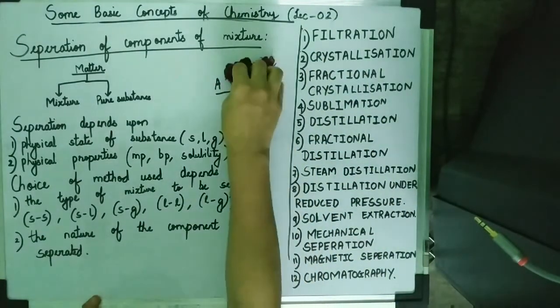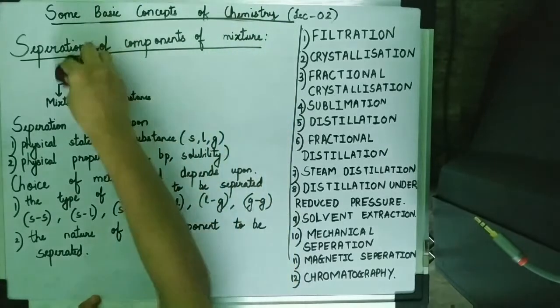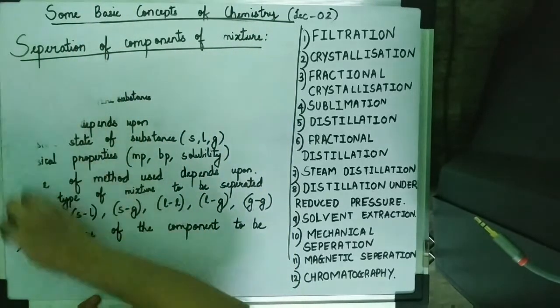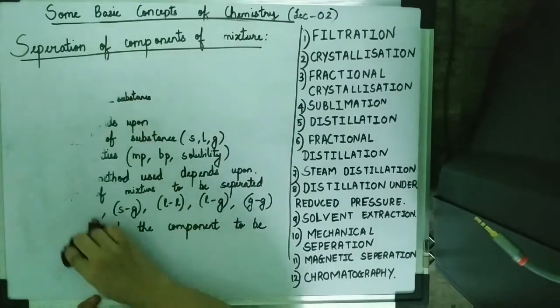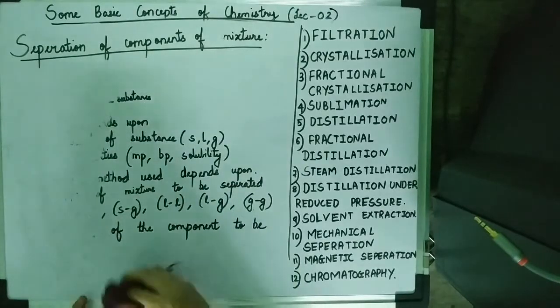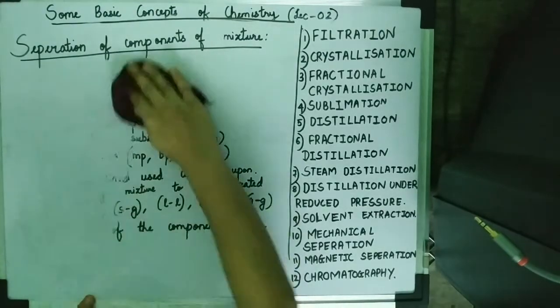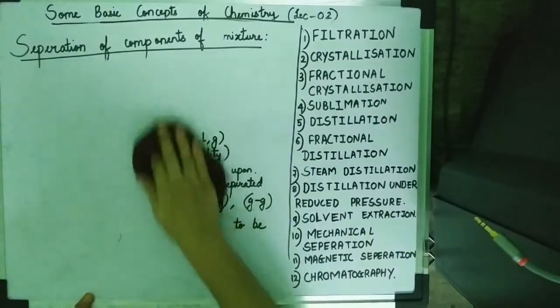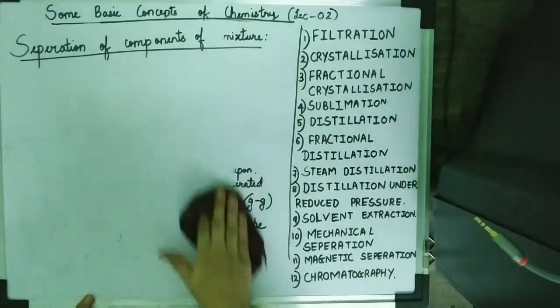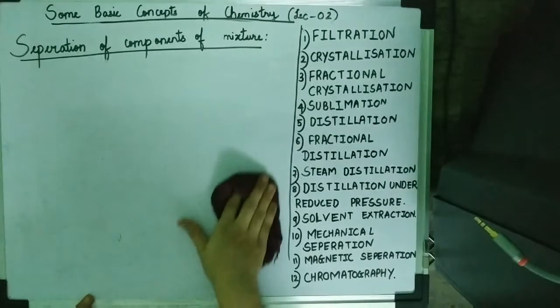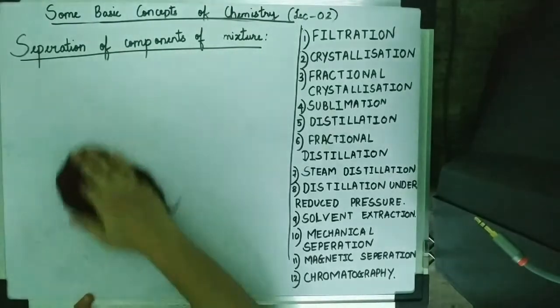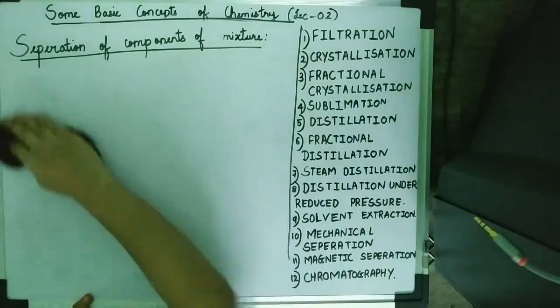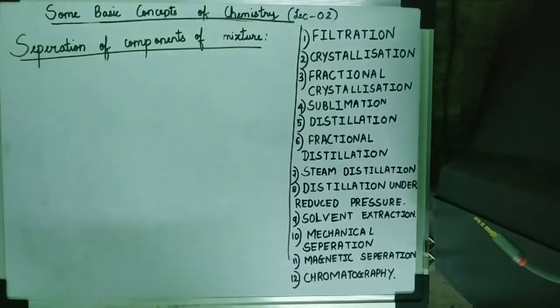One by one we'll be discussing each technique and understand how it works. We will also apply them to some examples, and this will help us in various experiments that are carried out in chemistry labs, and theoretically also it is very important.